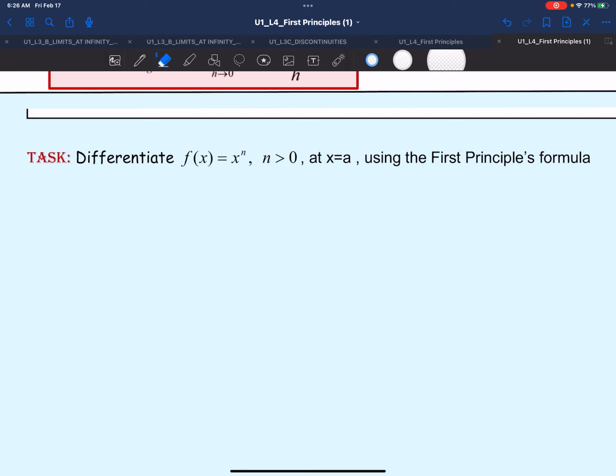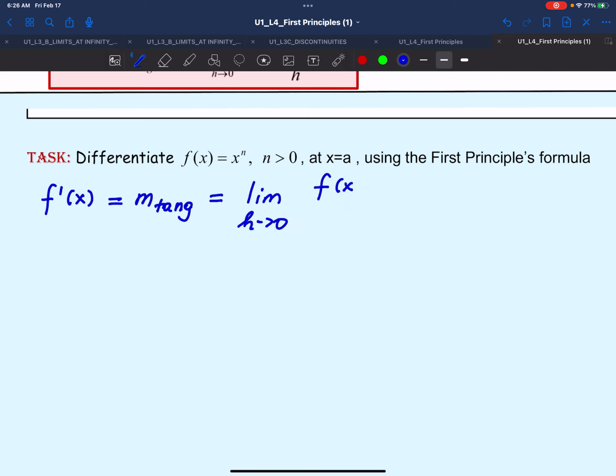So we're going to say that f prime of x, according to the first principles formula, is measured by the slope of the tangent, which we are drawing at any point x, so we are not choosing a specific point, and it is measured as the limit as h approaches 0 of f of x plus h minus f of x, divided by h.